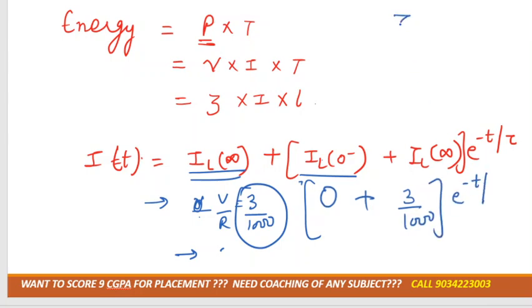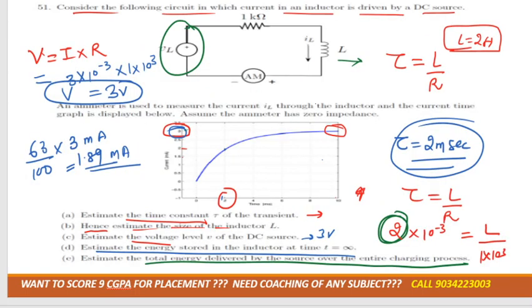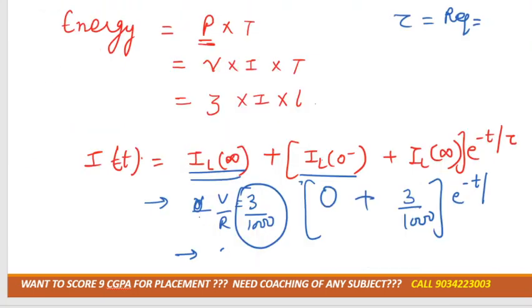Tau is how much? We need to calculate R equivalent. How much is the R equivalent? Yes, only 1000. R equivalent is 1000.